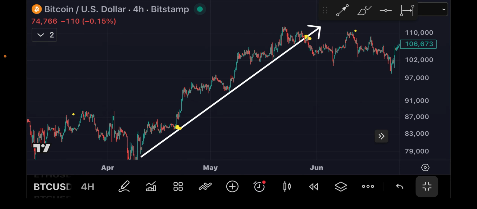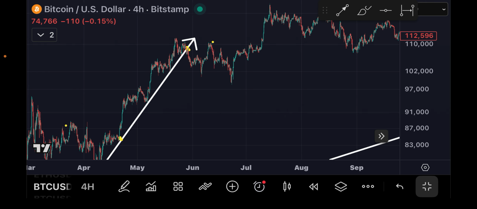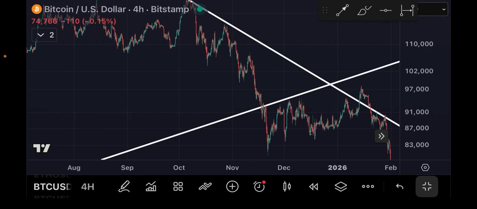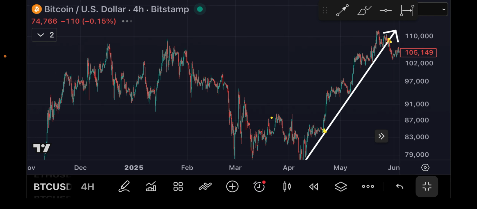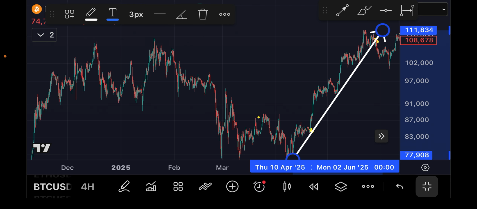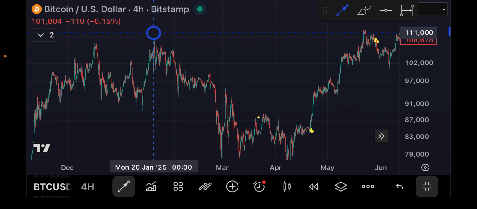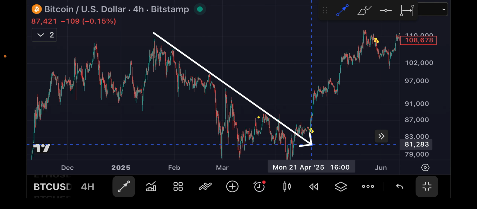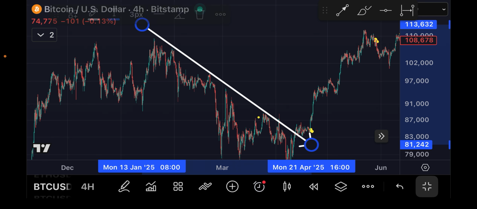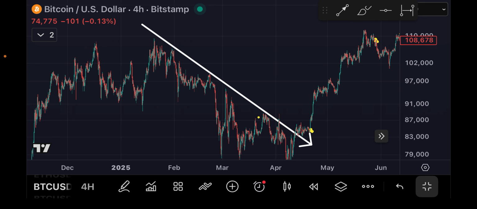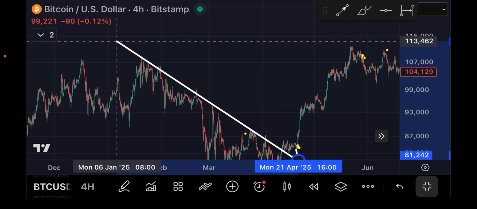Now, there are going to be times in the market where you will have downtrends. Just how we did an uptrend, the same way, you find a trend line, just like that. Opposite. So now, instead of thinking about trampolines for our trend lines, we want to think about a ceiling, right?